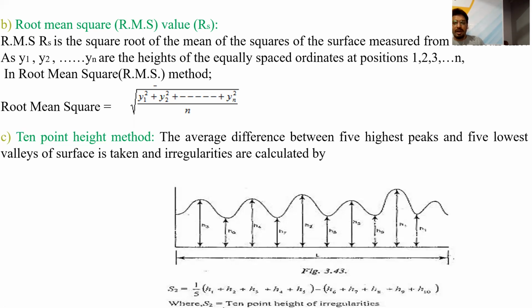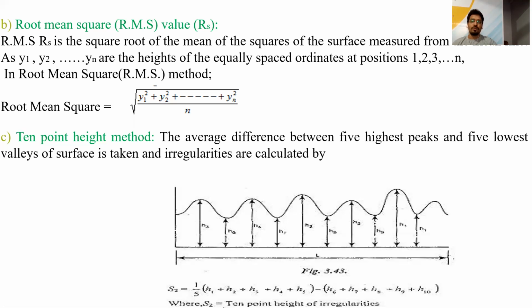Similar values of RZ and Rmax indicate a consistent surface finish, while a significant difference indicates a surface defect in an otherwise consistent surface. So this is how we calculate the roughness using the different methods: center line average method, root mean square value, and 10-point method.